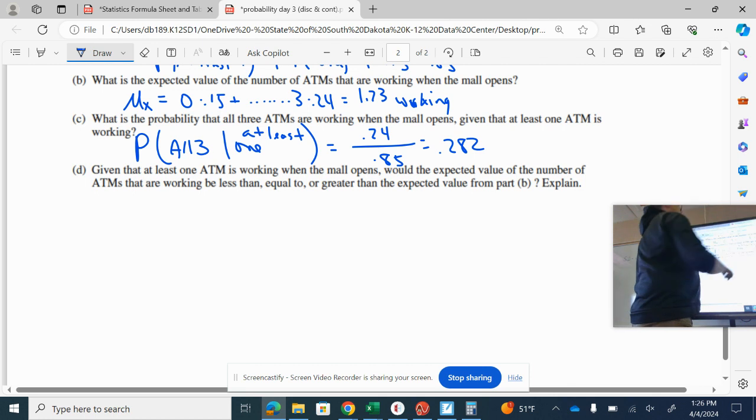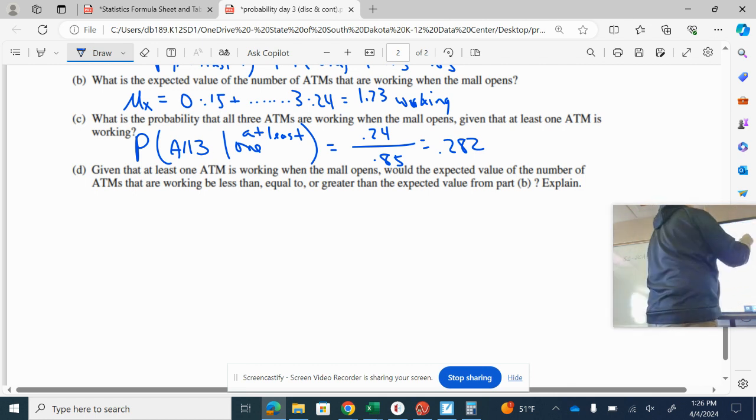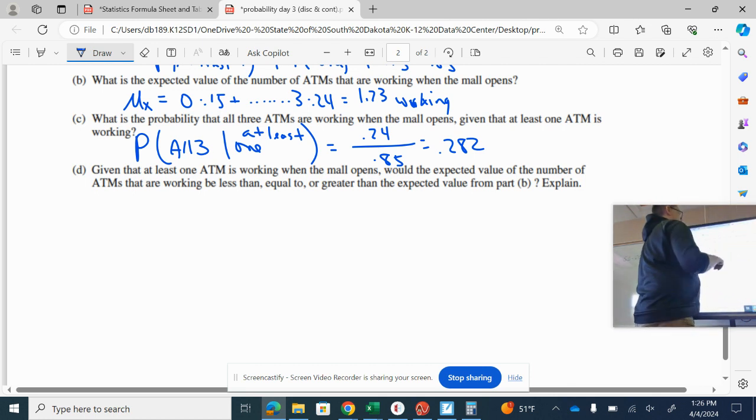Okay, given at least 1 ATM is working, would the expected value of the number of ATMs that are working be less than, equal to, or greater than the expected value from part B? Would it be? So given at least 1 ATM is working. All right.